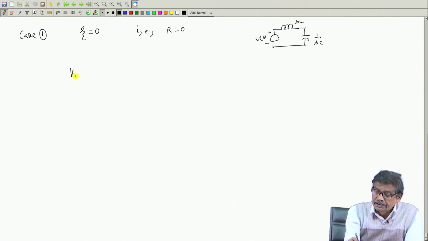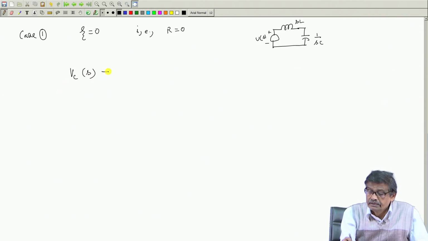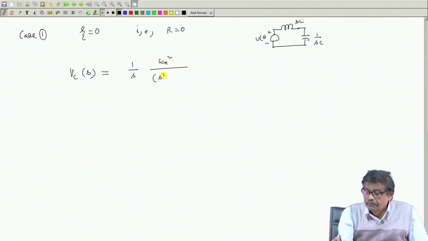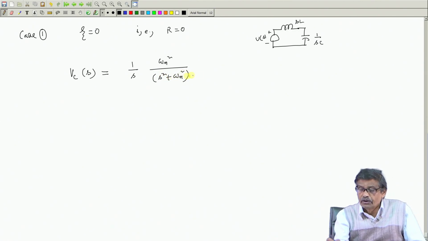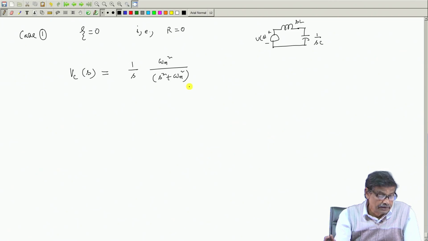So, the voltage across the plate of the capacitor under this condition will be equal to 1 over S into omega n square by S square plus omega n square, because the 2 zeta omega n term goes and you will be left with this one. Now, once again partial fractions can be carried out.